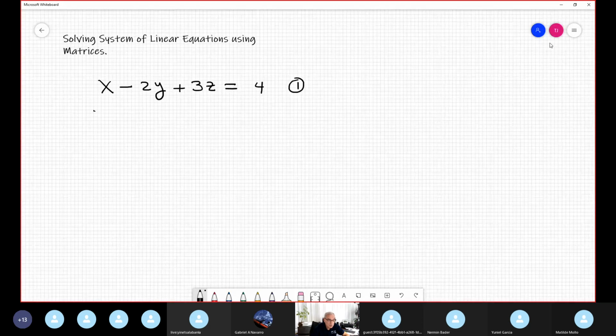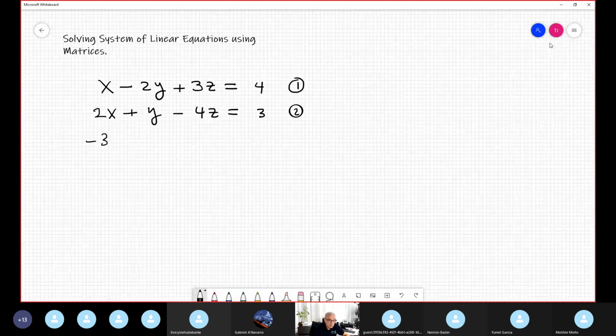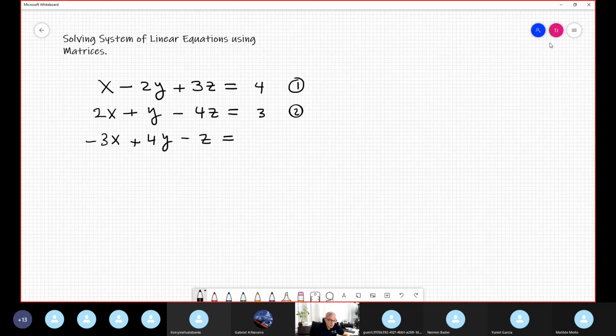Equation 1. 2x plus y minus 4z equals 3. Equation 2. Minus 3x plus 4y minus z equals negative 2. Equation 3. This is existing.